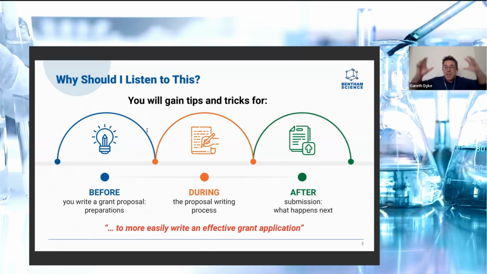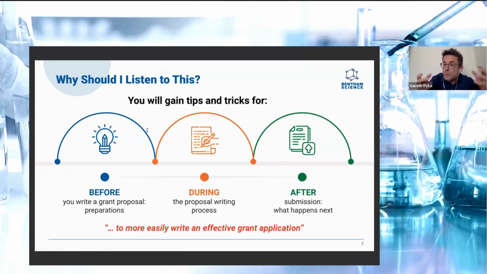So you're probably thinking, why should I be listening to this event today? Well, you're going to gain a number of tips and tricks, we hope, for before you write a grant proposal, the preparations beforehand, during the proposal writing process itself, and then after you make that grant submission, what happens next?